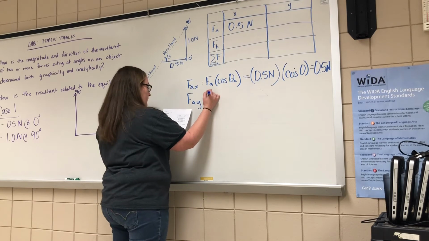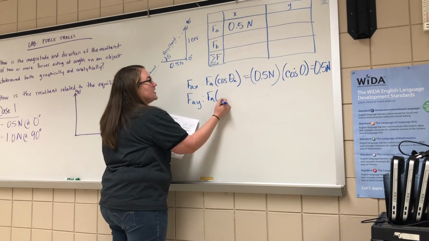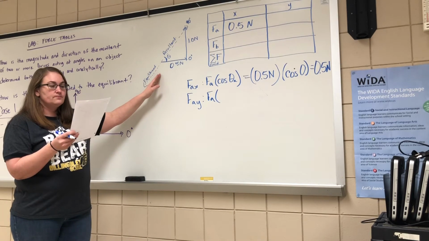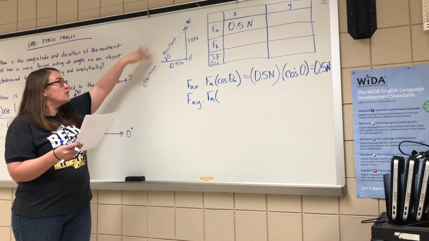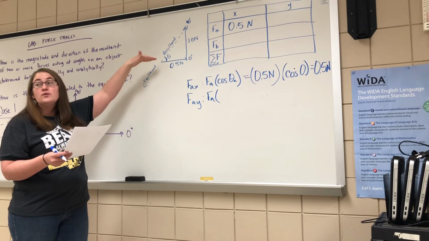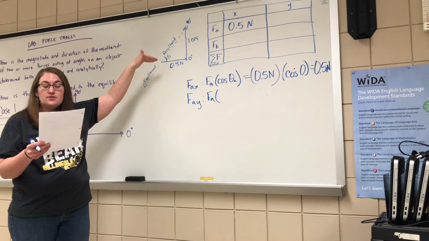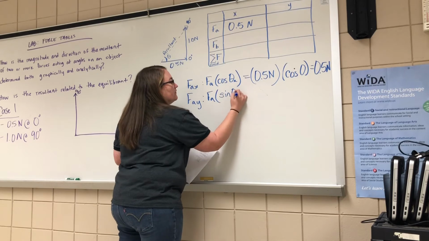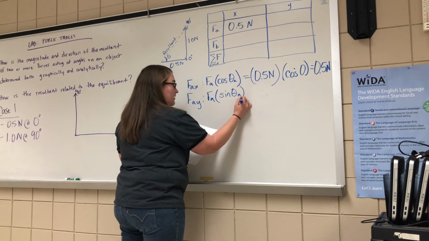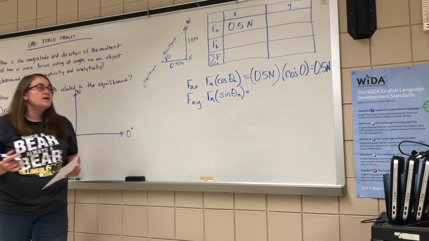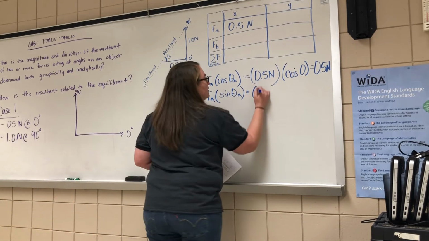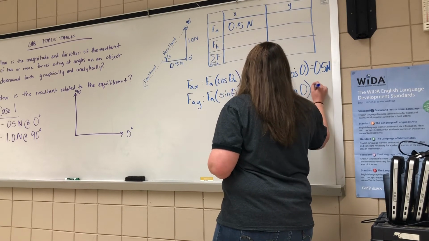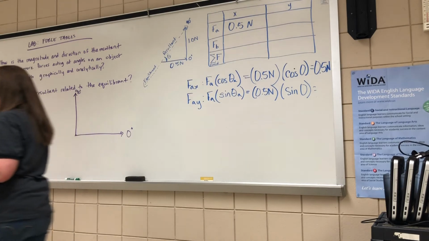So we're going to do the force of A. We want vertical. There is no vertical with this one, but we want to do sine with this one because we want the vertical angle of Y, so we're going to do sine of theta of A. So let's just plug in, and we're going to get our force is 0.5 newtons times sine of 0, and do that in your calculator.